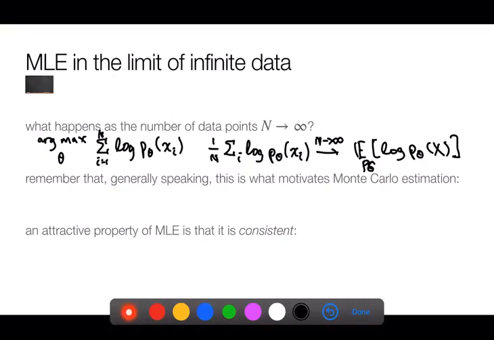If I have infinite data, then the quantity that I'm trying to maximize is this one right here. It's an expectation of the log probability of the random variable that represents my data.